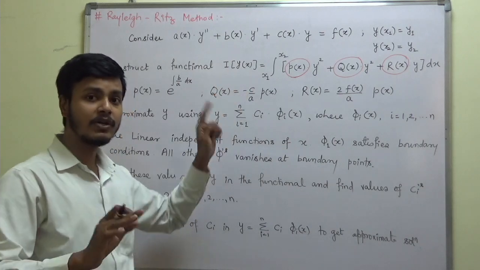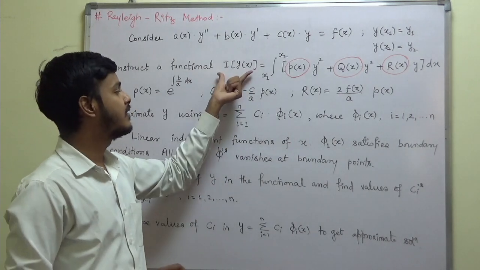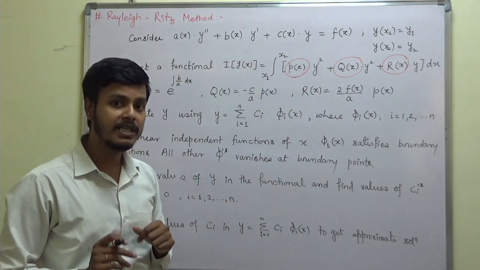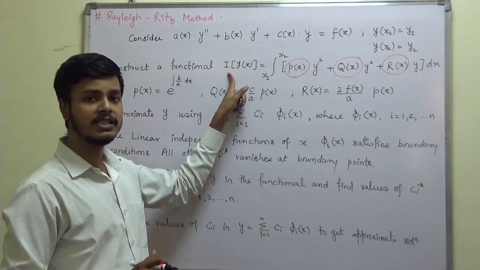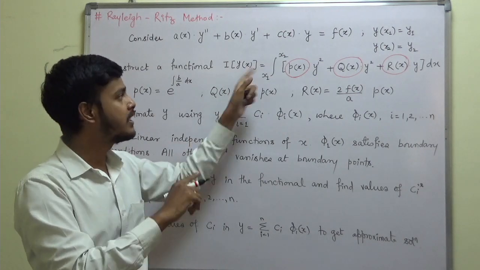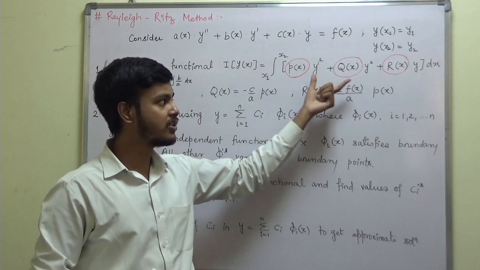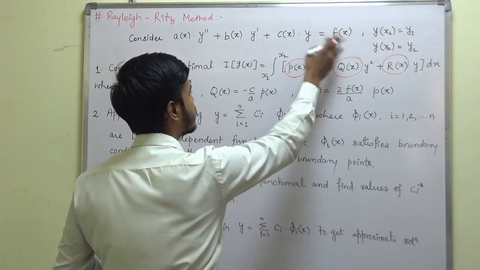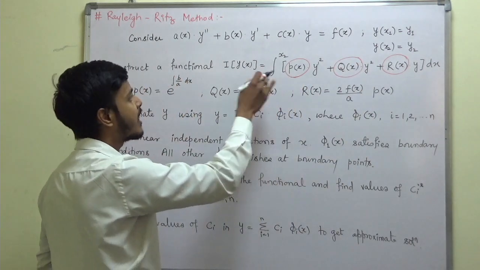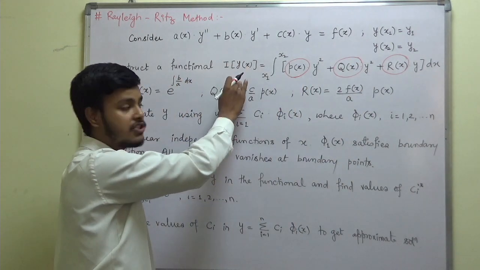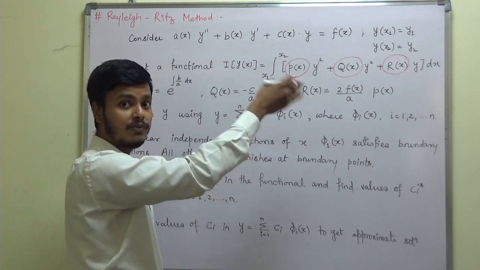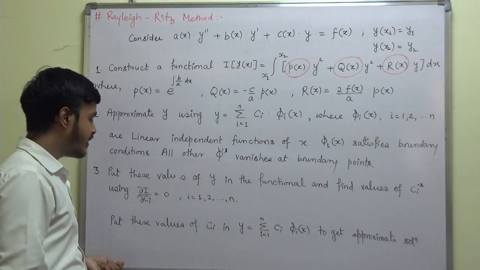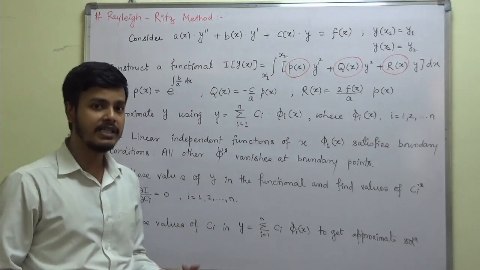Okay, and whatever constant is appearing in this I of y, the value of that constant can be easily obtained by differentiating with respect to that constant. Suppose this is my I of y after integration and this involves c1. So I will solve this integral, then we will get I of y, and then I will differentiate this with respect to c1 and equate it to 0 to get the value of c1. Simple.